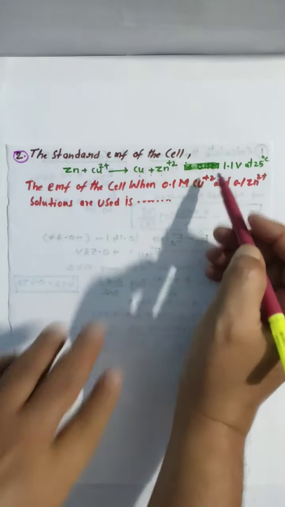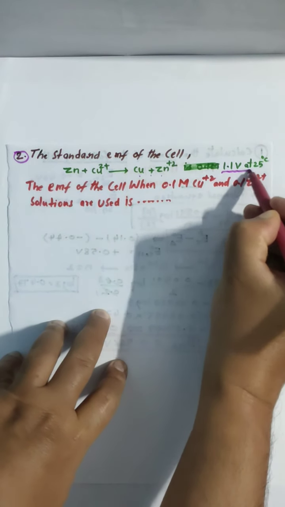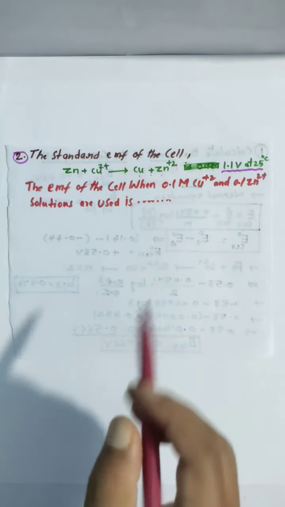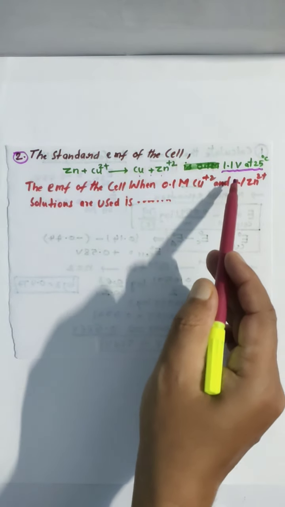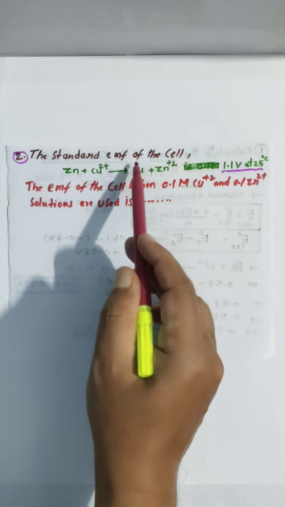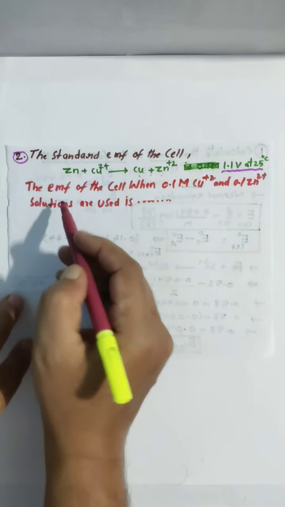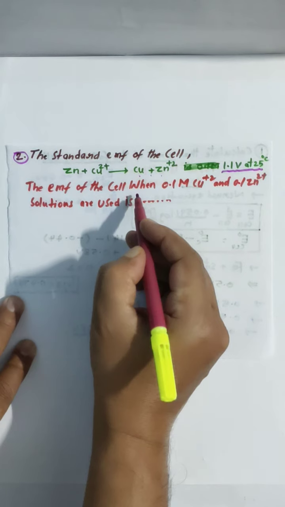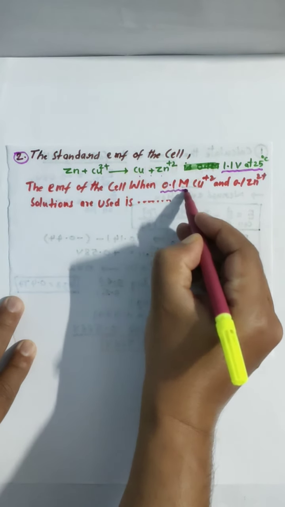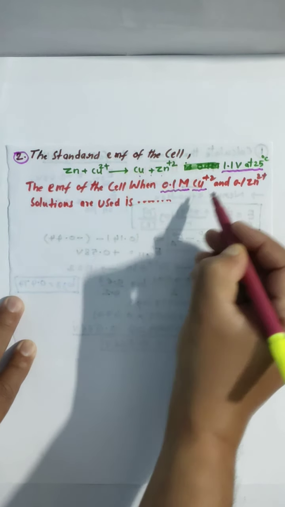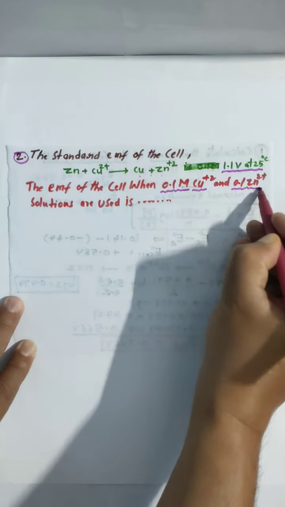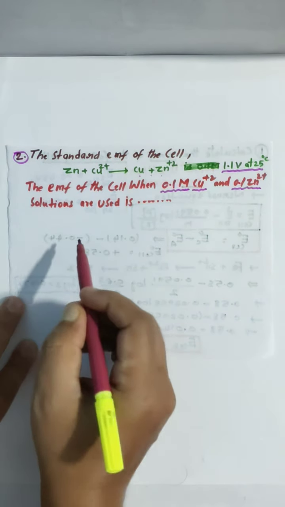Standard EMF value 1.1 volt, means the EMF value they have given is at standard condition, and these concentrations they have given. Now the EMF of the cell when this concentration of Cu2 plus and this concentration of Zn2 plus.